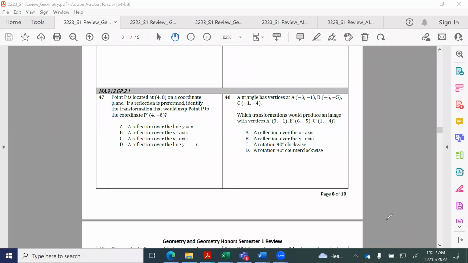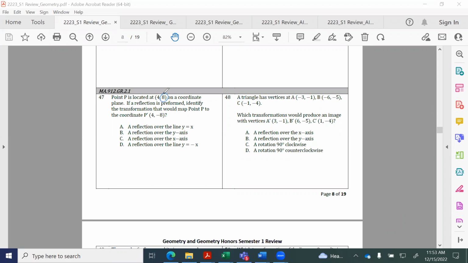On 47, point P is located at 4, 8 on a coordinate plane. If a reflection is performed, identify the transformation that would map point P onto point P prime of 4, -8. So they want to know which reflection this was. Well, what changed?